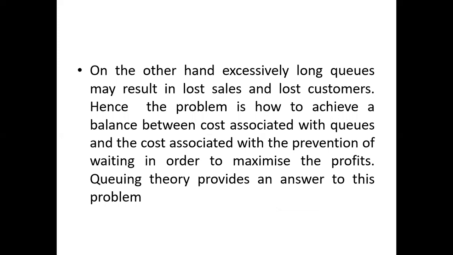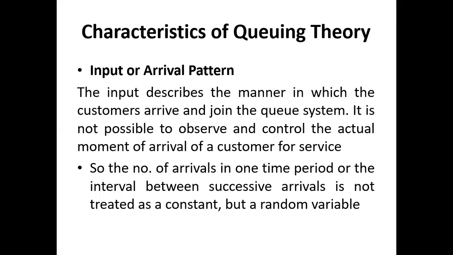Hence, the problem is to obtain an optimal balance between the cost of providing the facilities and the loss of customers from not meeting the demand. Queuing theory provides an answer to these problems.